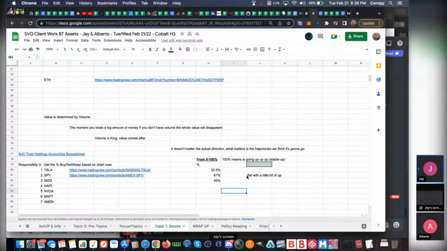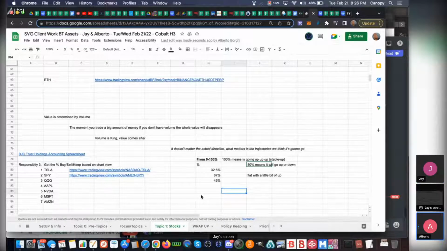If you know it's going down, you want to sell all of it and go to 0%, and that means you're making money if it goes down. If it goes up, you're losing money. But as long as you're at 50%, you're basically not losing or gaining money. It's the same as root. But we're saying 45% here.